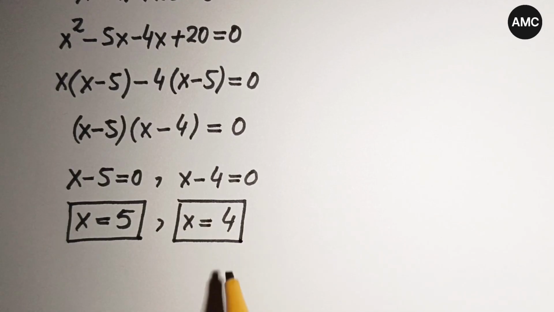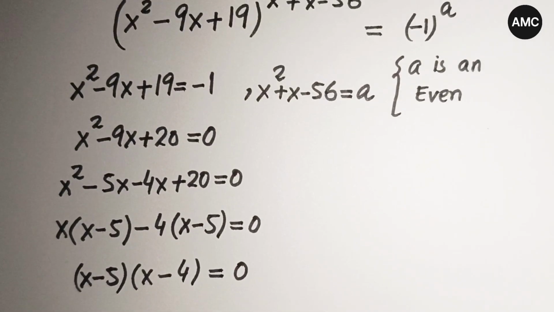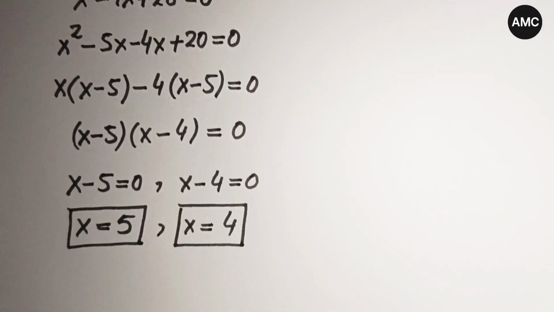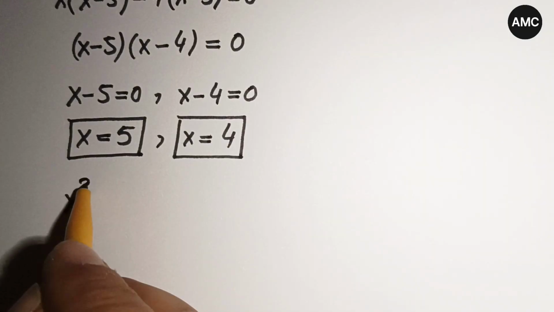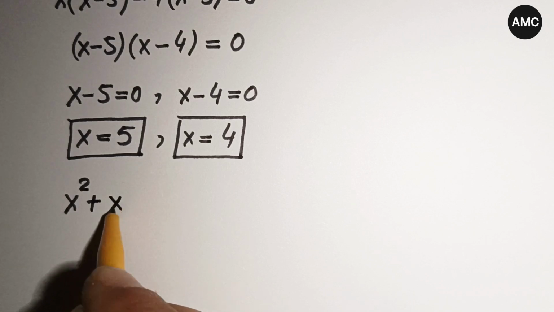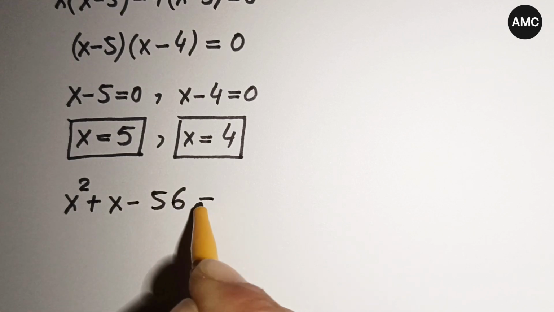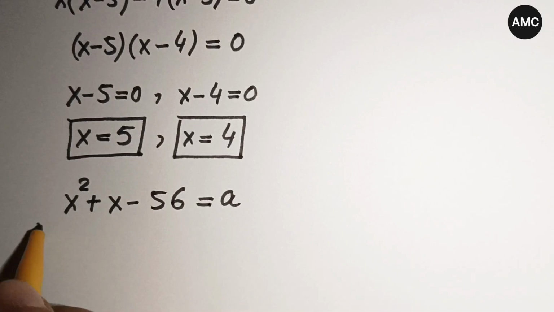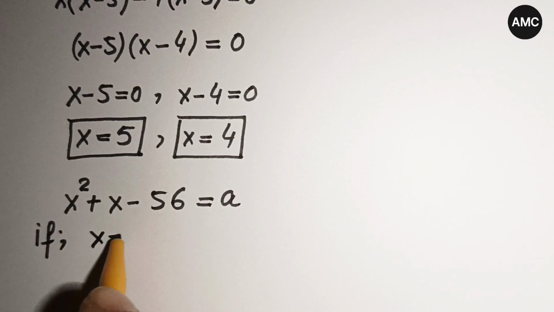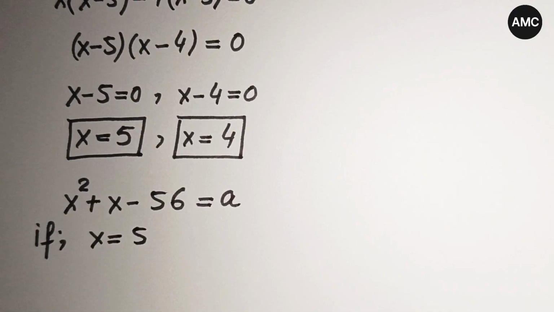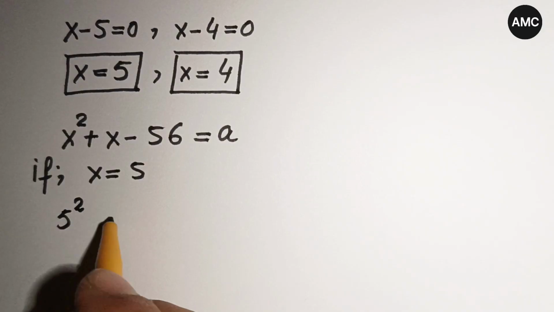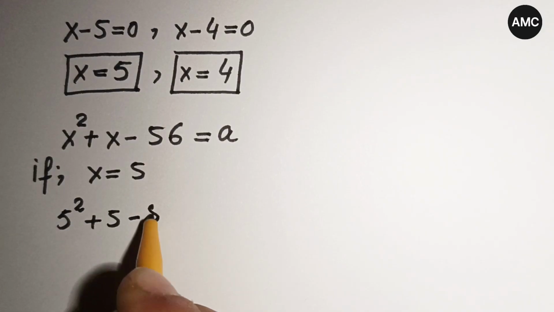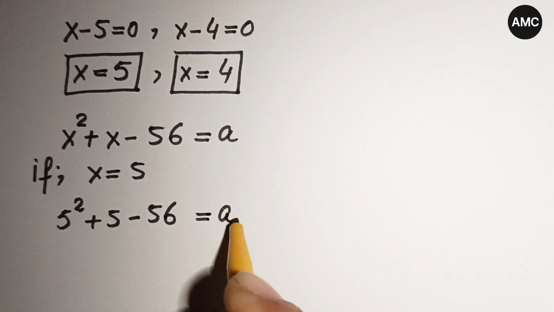Now putting these two values separately in our equation x² + x − 56 = a. If x is equal to 5, then it will be 5² + 5 − 56 = a.